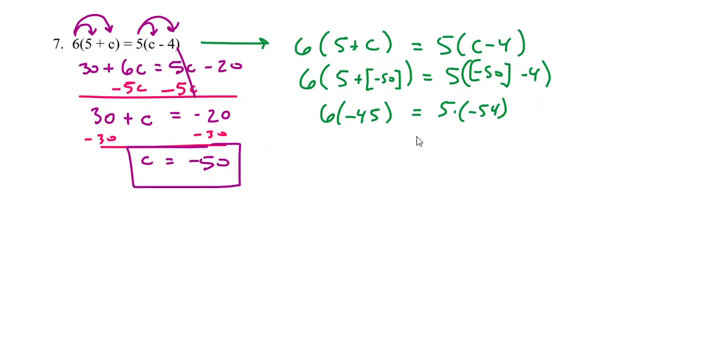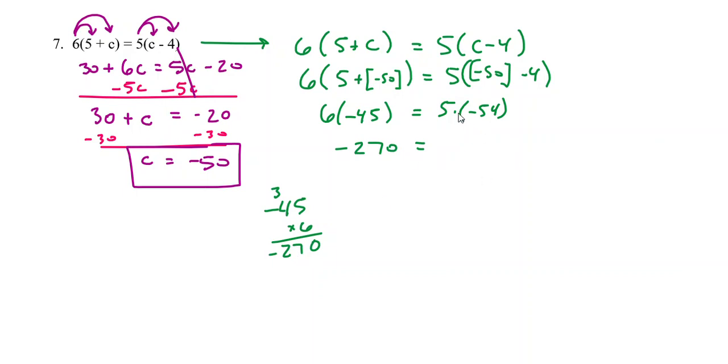Now at this point I might want to pull out my calculator. I won't. I'm going to do this longhand, but you can certainly make the transition to using a calculator now, because a calculator isn't going to tell you the answer to an equation, but it will help you do calculations like this. 6 times 5 is 30, carry the 3, 6 times 4 is 24, plus 3 is 27. It's negative, so negative 270.